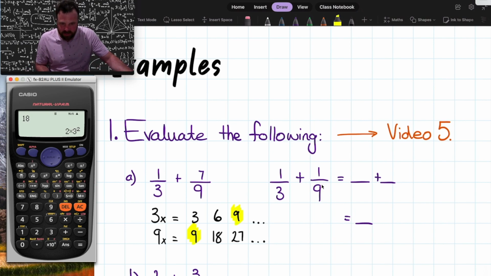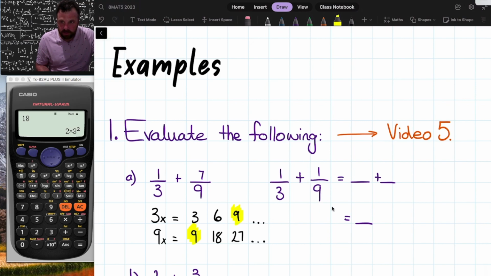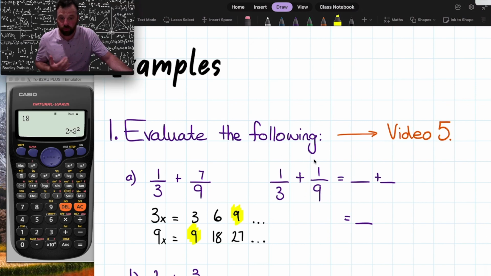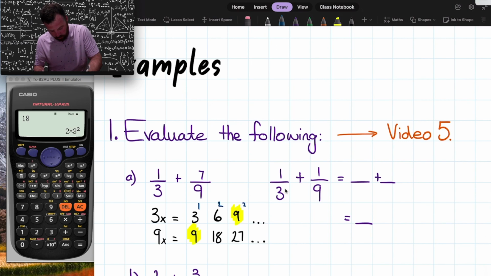When we have a look at this second fraction here, we can see it's already the number 9, so we don't touch it. But we look at this first fraction and we go, well, how did I make the number 3 the number 9? So I'll come back to my times tables and I went 1, 2, 3. 3 times 3 was 9.